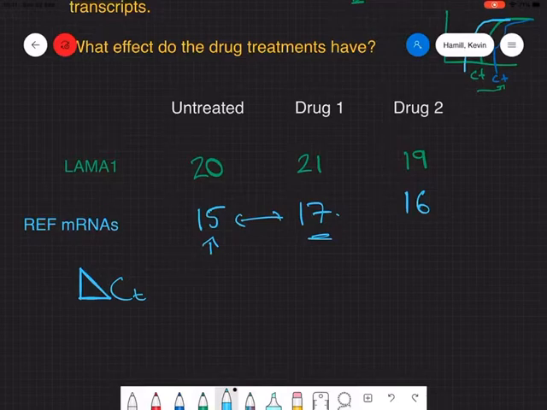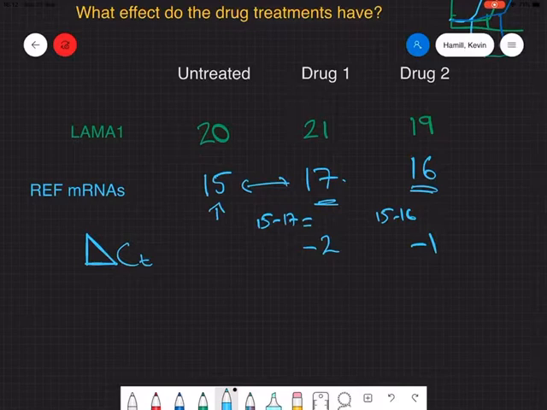So this is 2 cycles higher. So what that can mean is we can put a minus 2 on here. So 15 minus 17 equals minus 2. And this is also 1 down, so this is minus 1. So this would be 15 minus 16 is minus 1.